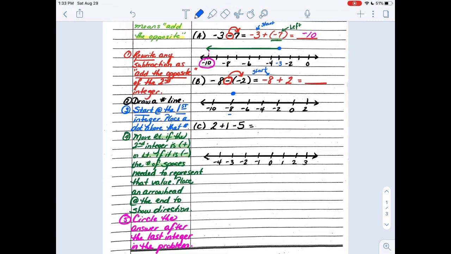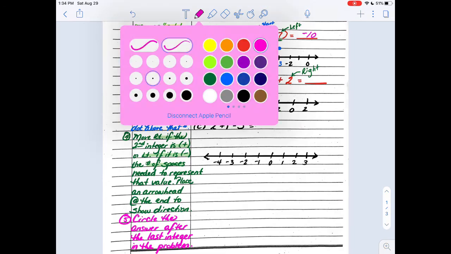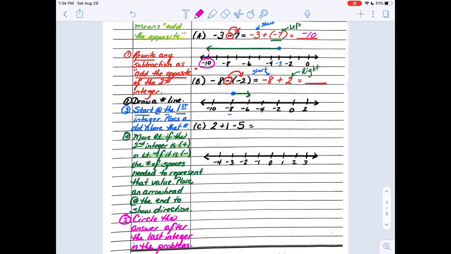And now we use that second integer to tell us the direction to move. And that second integer is a positive 2. So we are going to be going to the right 2 spaces. And remember, they're counting by 2s. So that means you're really only going over to that first number here, dropping it down, because now I have no more integers, and my answer would be negative 6.